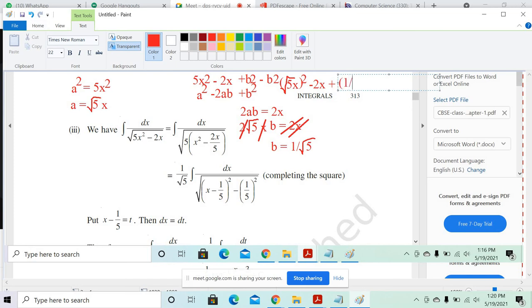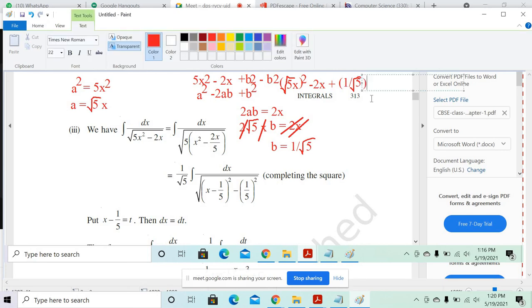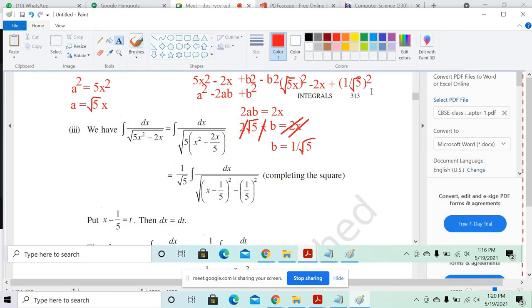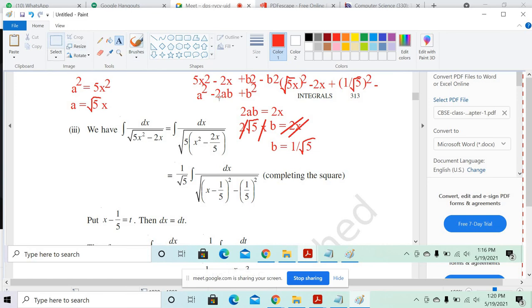So we'll put 1 by root 5 whole square, minus again 1 by root 5 whole square, correct?